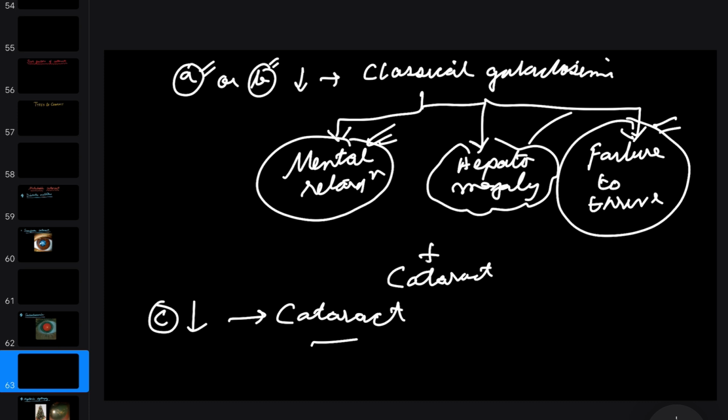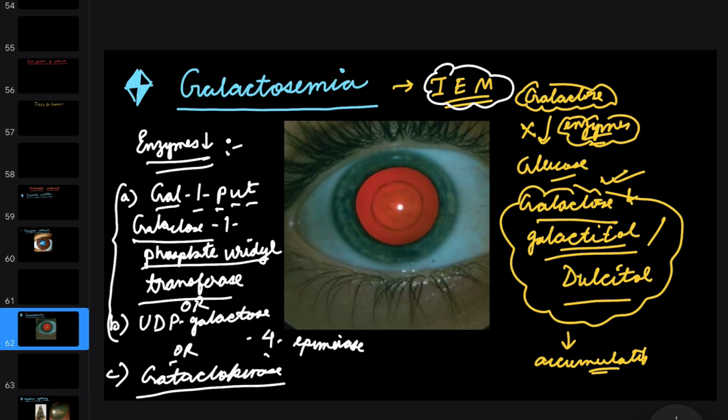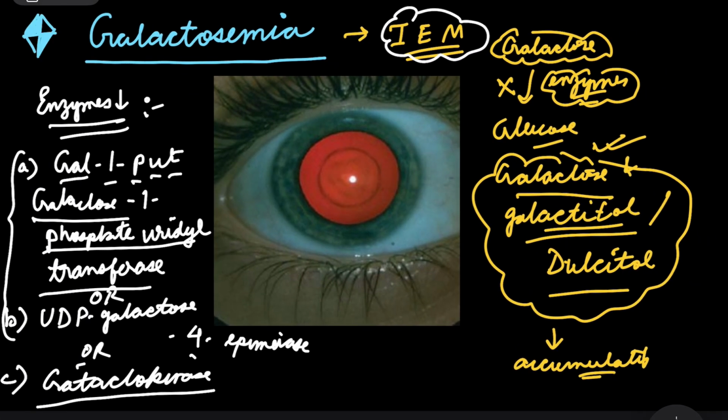Okay, done. Now, what exactly is a cataract like? What exactly is this picture like? Why is the eye over here red? The eye over here is not red due to blood accumulating in the eye. Rather, the pupil, as you can see over here, is dilated.